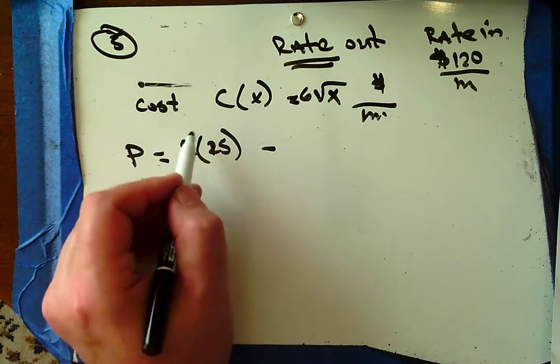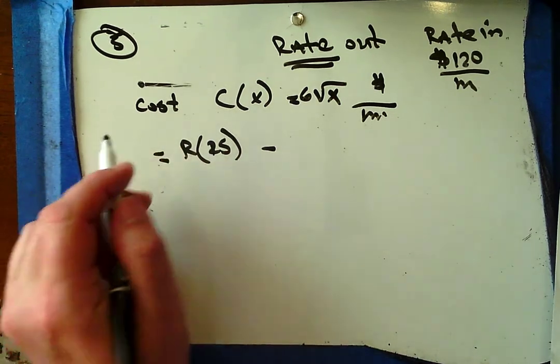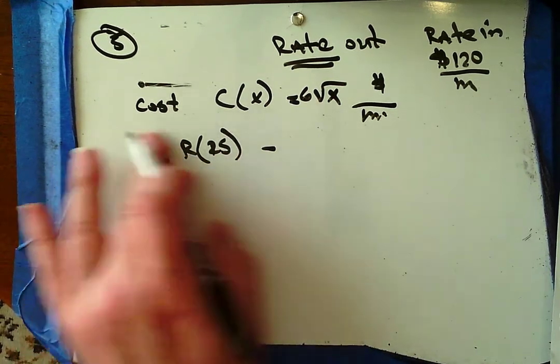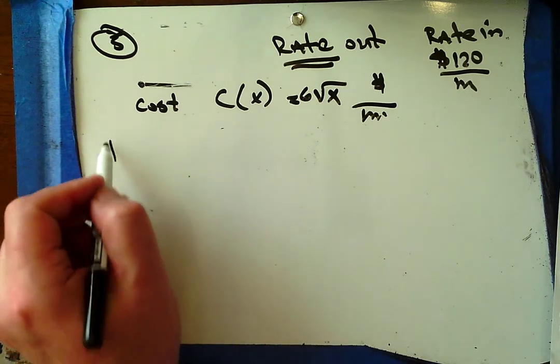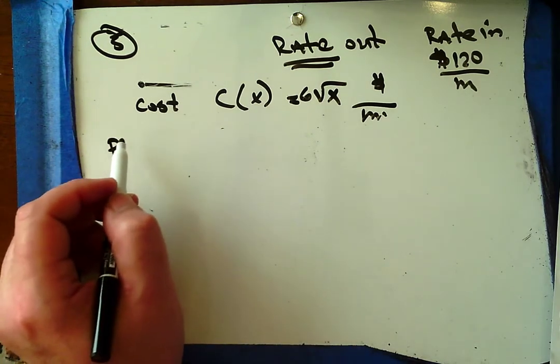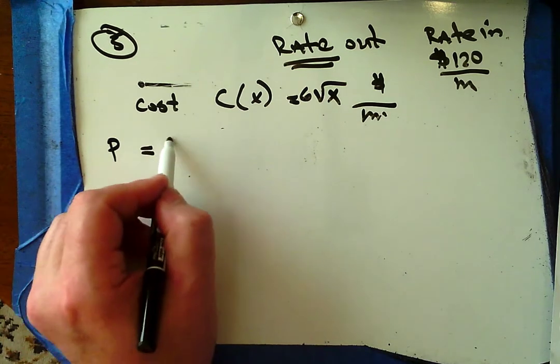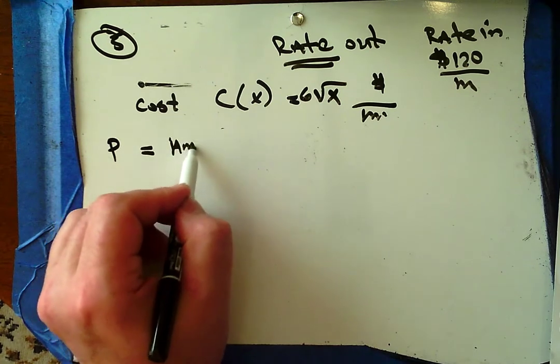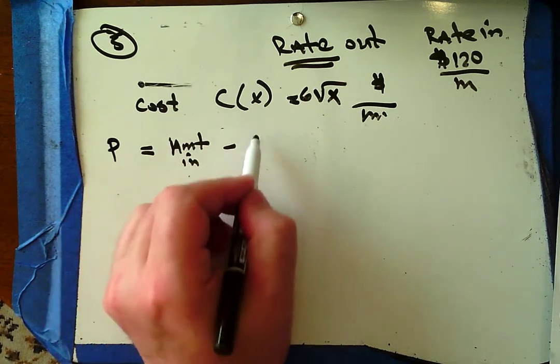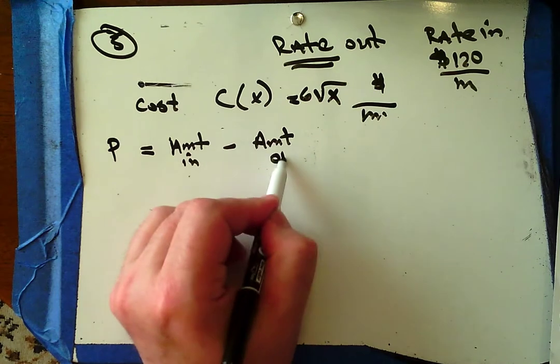Yeah, these are our rates though, and profit is not this. I need the antiderivatives of this. Let me try again. Profit is the difference between the amount in minus amount out.